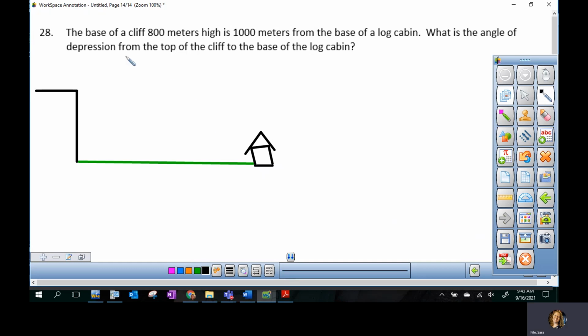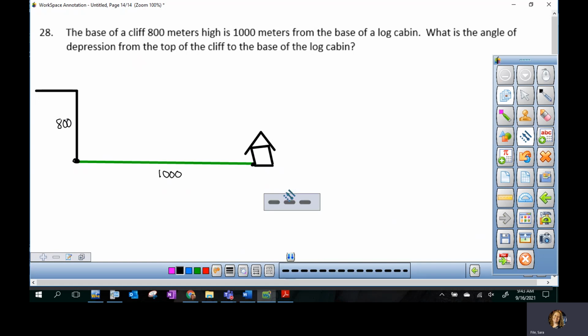It says that the cliff is 800 meters high. So this is 800. The base of the cliff is 1,000 meters from the base of the log cabin. So this is 1,000. What is the angle of depression from the top of the cliff?